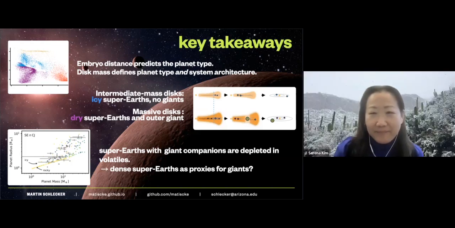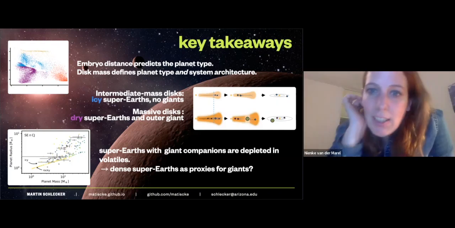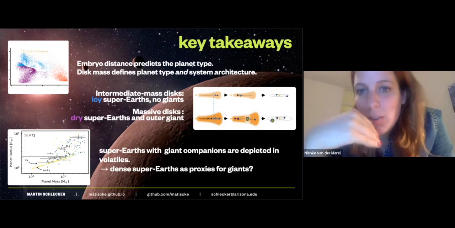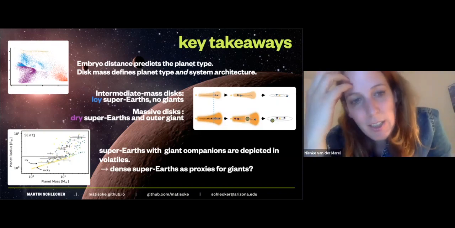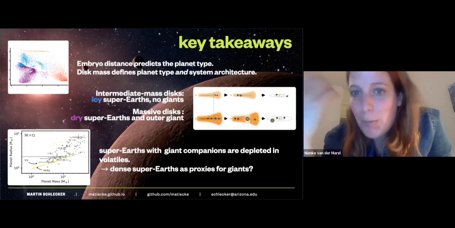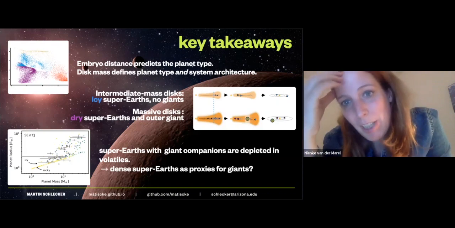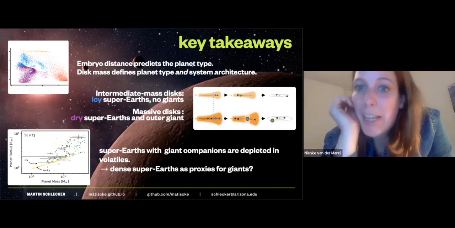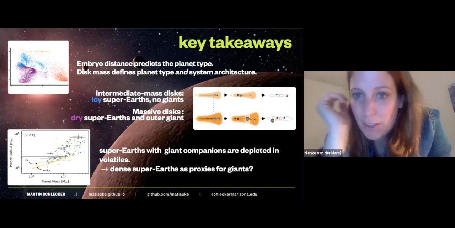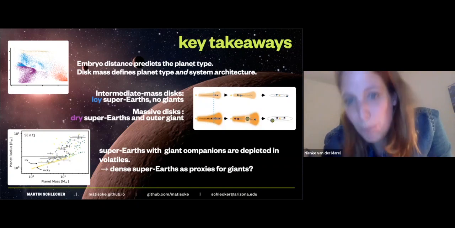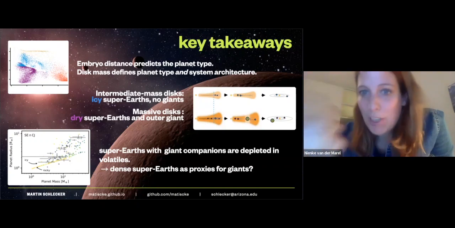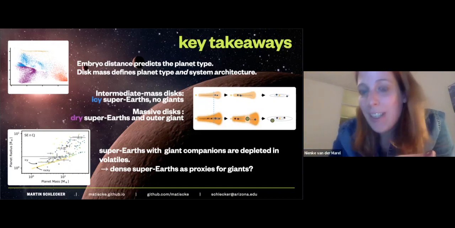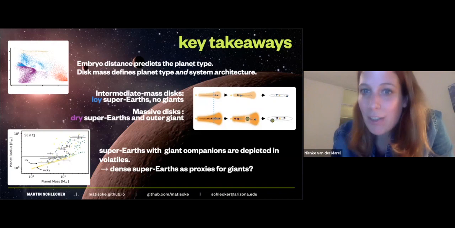Okay, Nienke. Hi, Martin. Great talk, and thank you. I just wanted to follow up on the previous question, because I was thinking along the same lines. Gijs Mulders and I had a paper last year where we showed a stellar mass dependence of disks showing substructure, possibly caused by giant planets, and an opposite one for the compact disks, maybe related to super-Earths. So we're essentially predicting an anti-correlation.